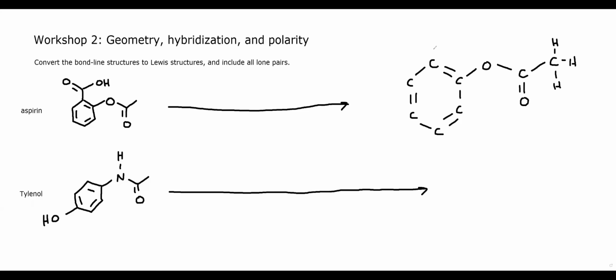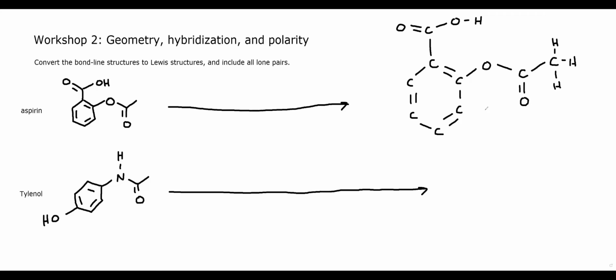And then we'll put in the lone pairs at the end. And then up top on this carbon here, that's connected to another carbon, which is connected to an oxygen and a hydrogen, an alcohol. And then it's double bonded to an oxygen as well. Okay, so there's our Lewis structure.